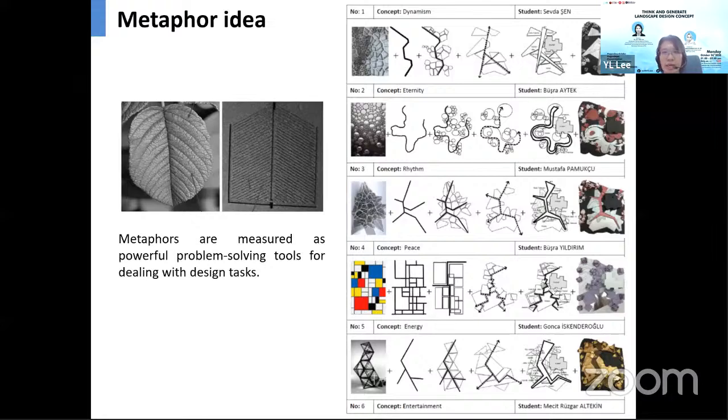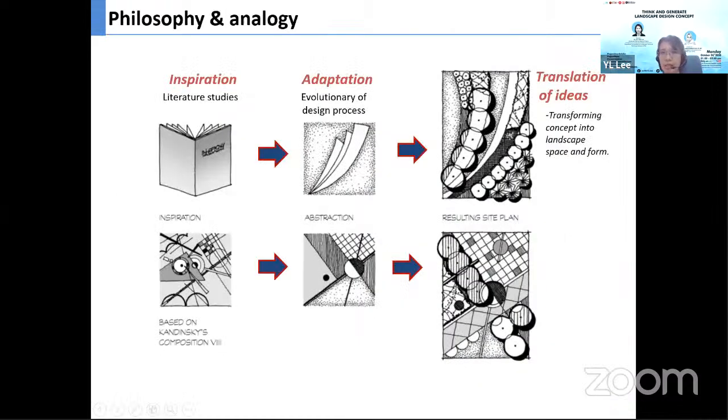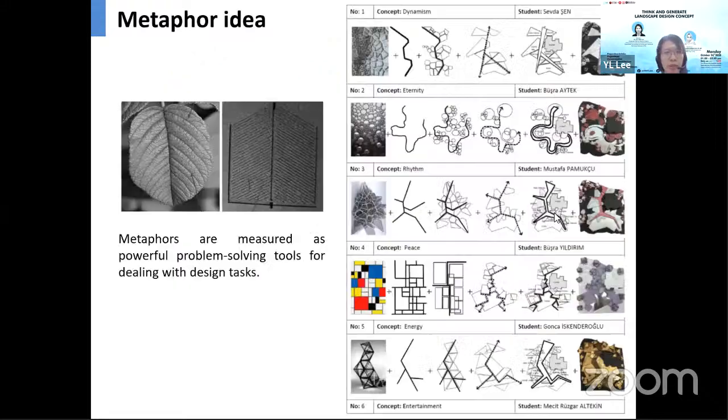Okay, I will move to philosophy and analogy. I think this is much favored by students as well when we talk about translation of philosophy and analogy. Because when you write a concept, we don't make it dull. Like with metaphor, maybe you say, I want to do a design like a leaf.